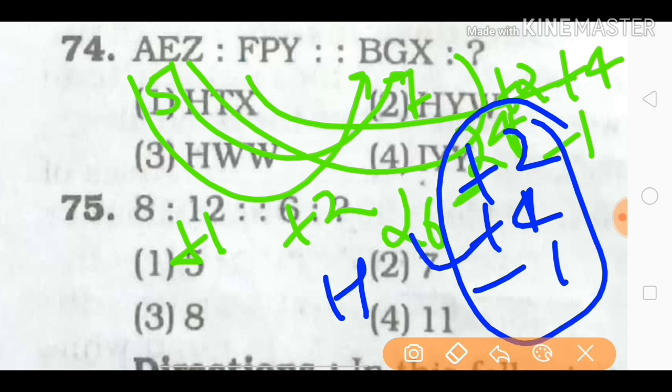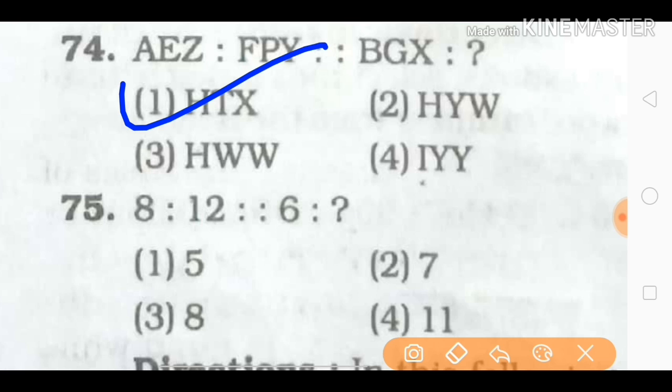If you will not do this, then you will not be able to find the answer. I have already thought so much about this question, and this is the solution I got after solving this, right? So F is 6, 6 plus 2, 8, H. P, 16 plus 4, 20, T. H, T, X. So first is your answer, right?